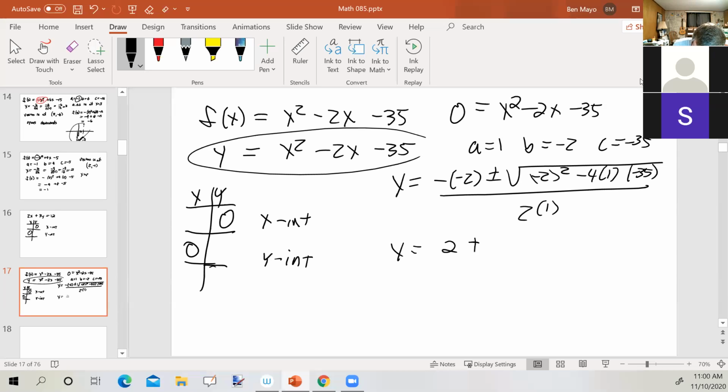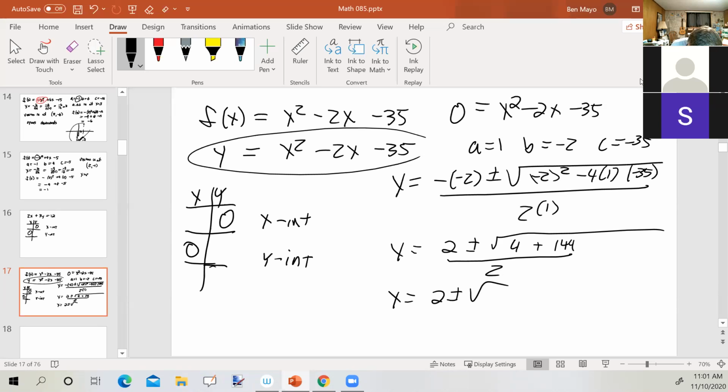X equals 2 plus or minus the square root of 4 plus 140 all over 2. Actually, I wrote 144, but I said 140. I was thinking ahead. X equals 2 plus or minus the square root of 144, which is 12, all over 2.